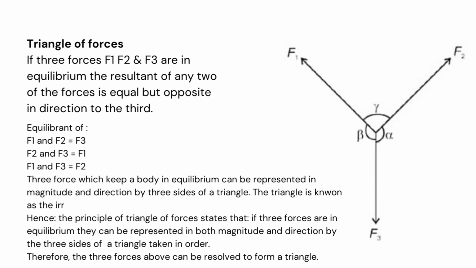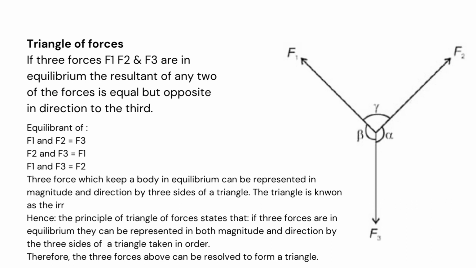So also, the equilibrant of F2 and F3 is F1. So also the last one. When we look at this body, it can be arranged to form a triangle. And when it forms a triangle, it helps us to calculate the angle needed or the side that is needed.